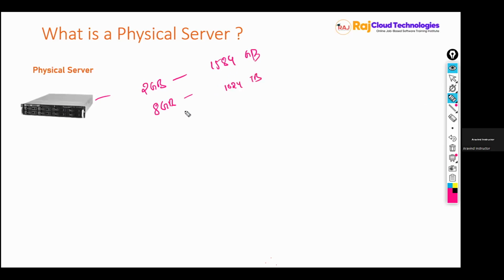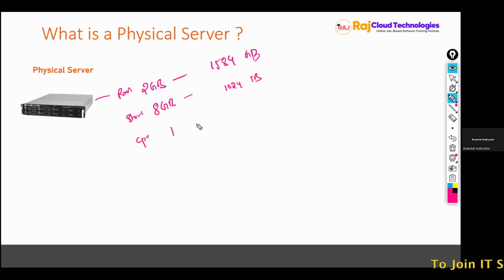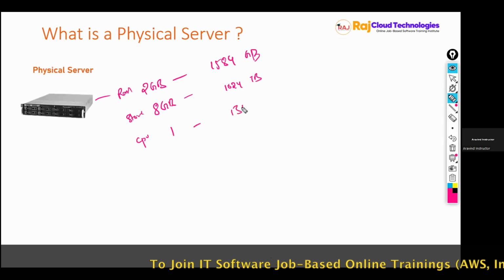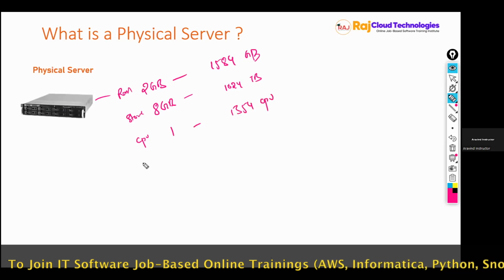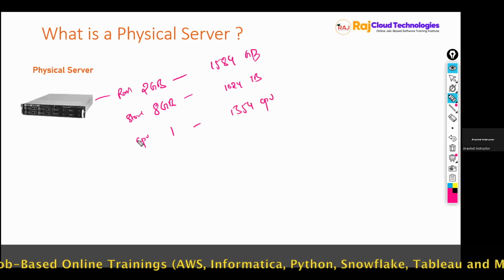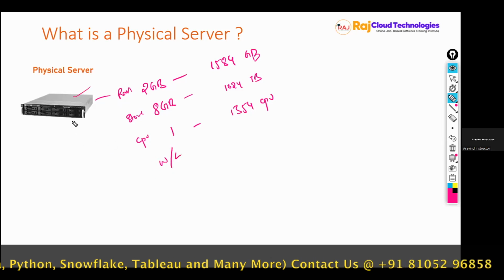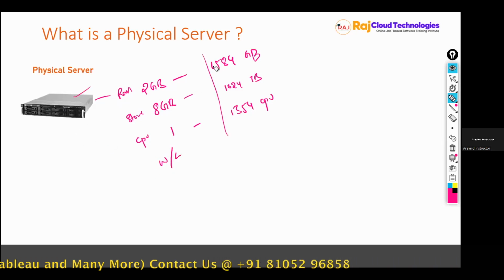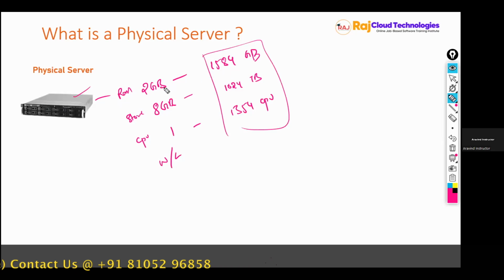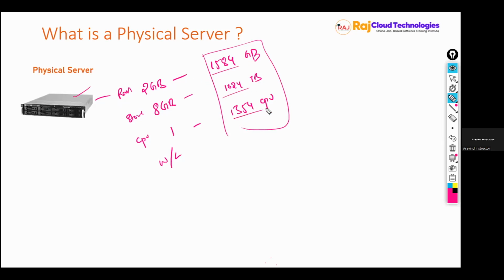So this is RAM, storage, and CPUs. How many CPUs can you take? Minimum one CPU, up to 1354 CPUs. And you can install any kind of operating system, like Windows or Linux. So the maximum configuration for a server is 1584 GB RAM, 1024 TB storage, 1354 CPUs.